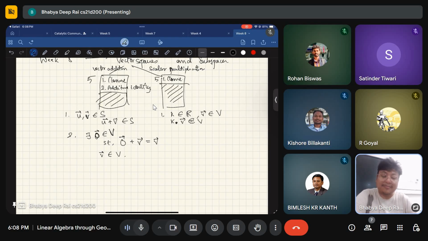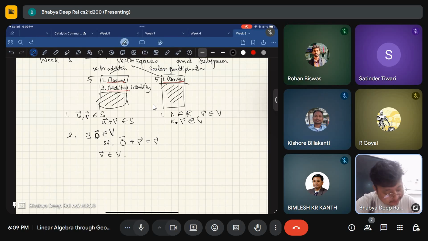All the other properties are automatically satisfied by suitable vectors. The inverse is also satisfied if you have identity. That's why, if you are given vectors, these 3 properties are something that you should definitely test to be a vector space.